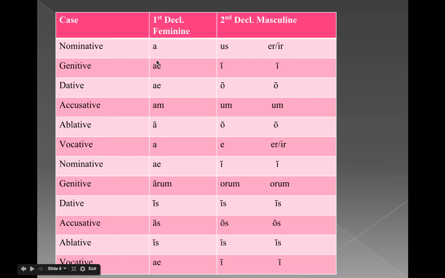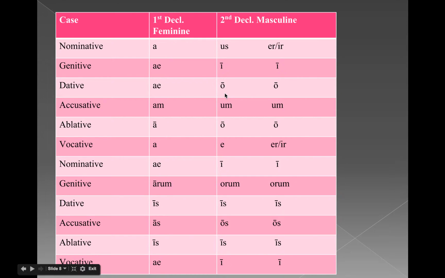So basically this is your first declension and your second declension side by side. Notice that your genitive singular endings are different. The reason that the genitive singular endings are different is so you can tell what declension it belongs to. So a word like puella, puellae, clearly does not decline like servus, servi, or filius, filii.